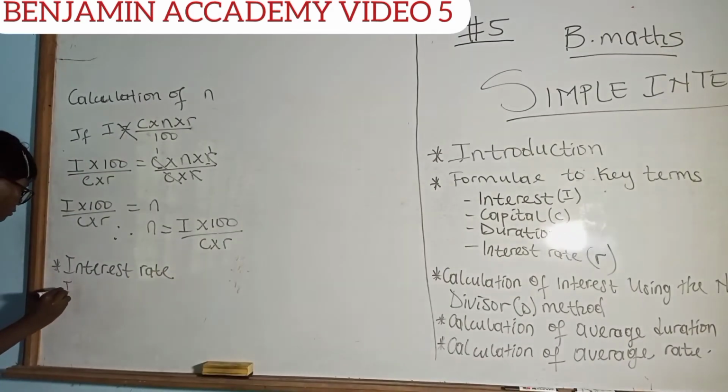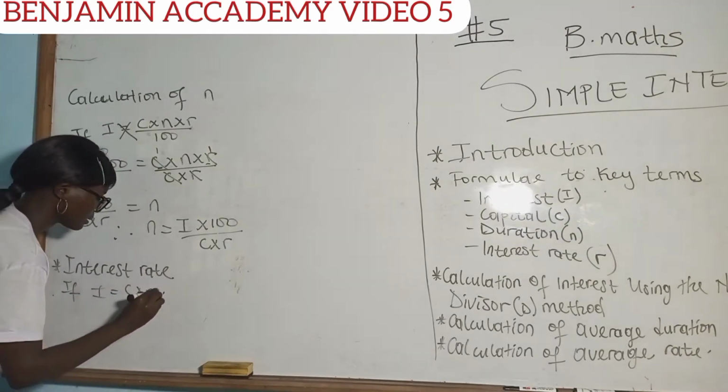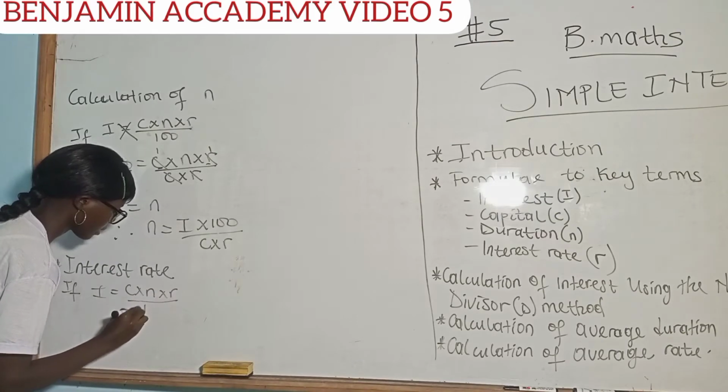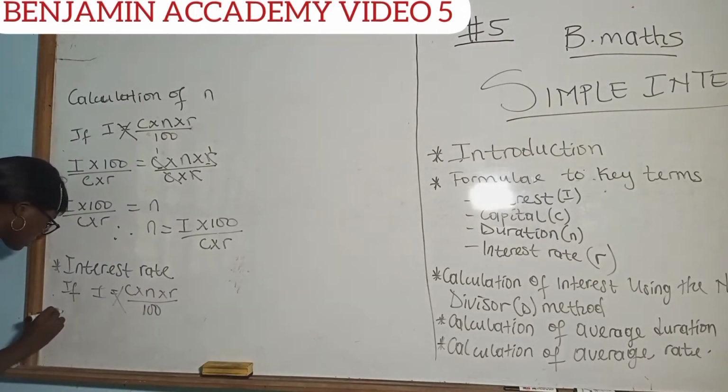You say if I is equal to C times N times R divided by 100, multiply both sides by 100.